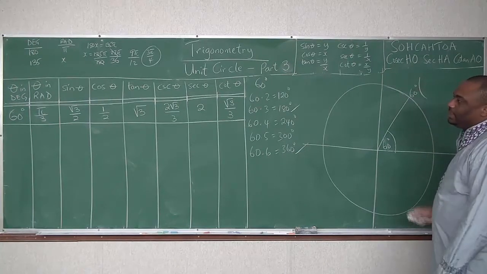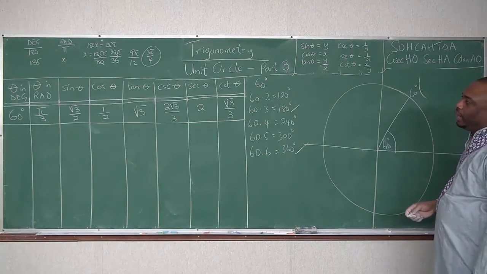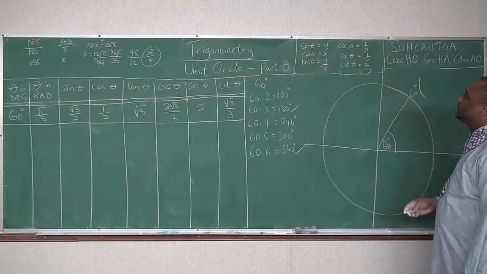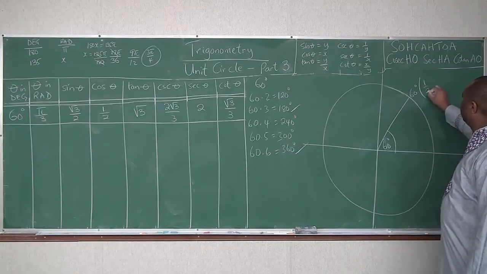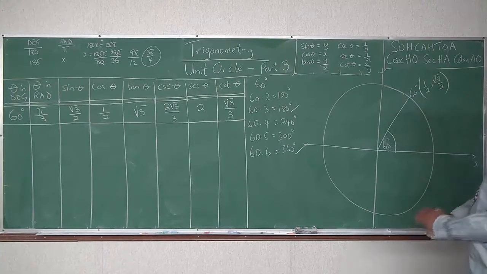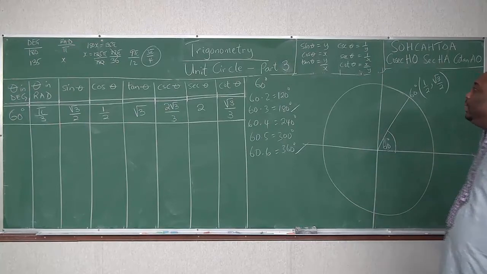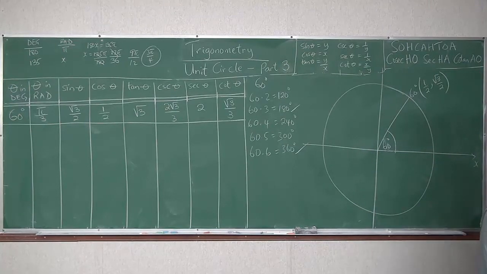And what did we have at 60? Remember what we had at 60? Sine is y and cos is x, right? So this is 1 over 2, then root 3 over 2. Cos 60 is 1 over 2, and sine 60 is root 3 over 2.